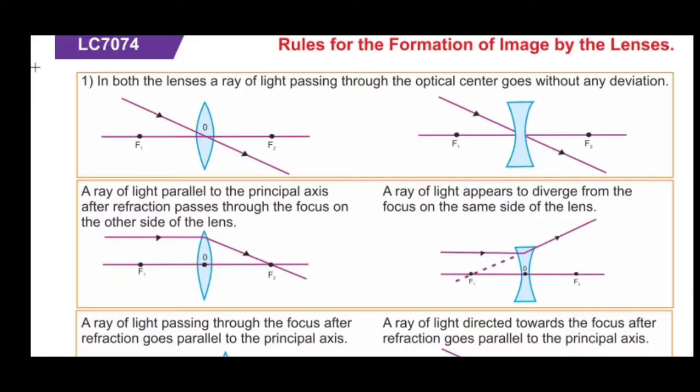You can see the incident ray passes through the optical center. When it passes through the optical center, it will not deviate its direction. This was the fourth rule of the spherical mirror: when a ray passes through the center of curvature, it comes back through the center of curvature. But here, if it passes through the optical center, it will not deviate, and it will not come back. You can see both the figures, convex lens and concave lens. In both cases, when it is passing through the optical center, it does not deviate.